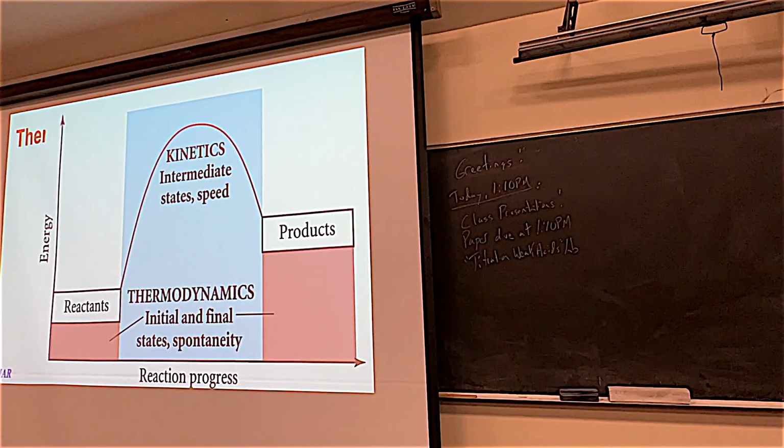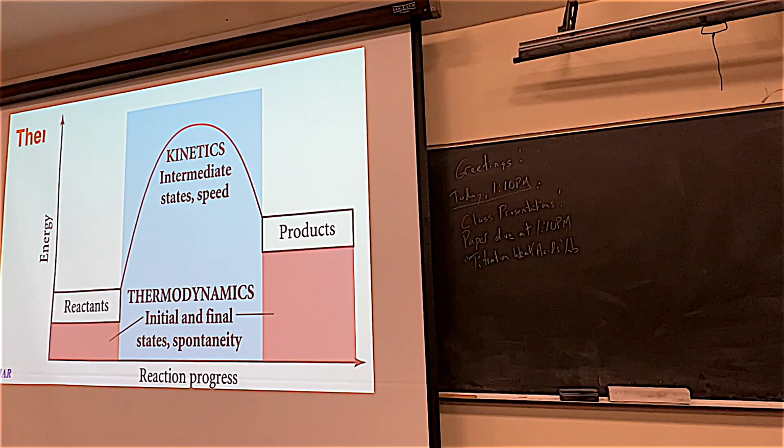This is something we looked at in the kinetics chapter in Chem 222 if you were here. If you haven't, this is called a reaction diagram. Energy is the y-axis, and the progression, if you will, of the reaction is on the x-axis. Usually reactants are on the left and products are on the right. In this particular reaction, the products are higher than the reactants. Does that mean it's endothermic or exothermic?